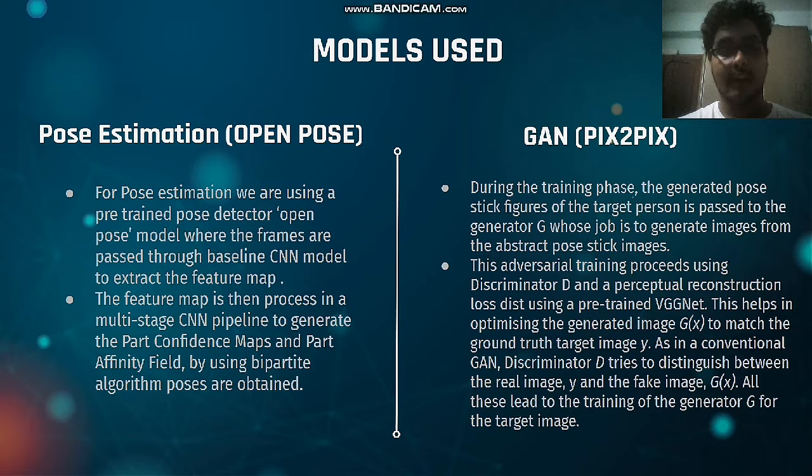Coming to the architecture of the GAN, the pix-to-pix generative adversarial network, or GAN, is an approach to training a deep convolutional neural network. The GAN architecture is mainly composed of two parts, the generator and the discriminator. The generator generates an output image based on the input image, and the discriminator checks the originality of the generated image and judges whether it is a real image or a fake image.